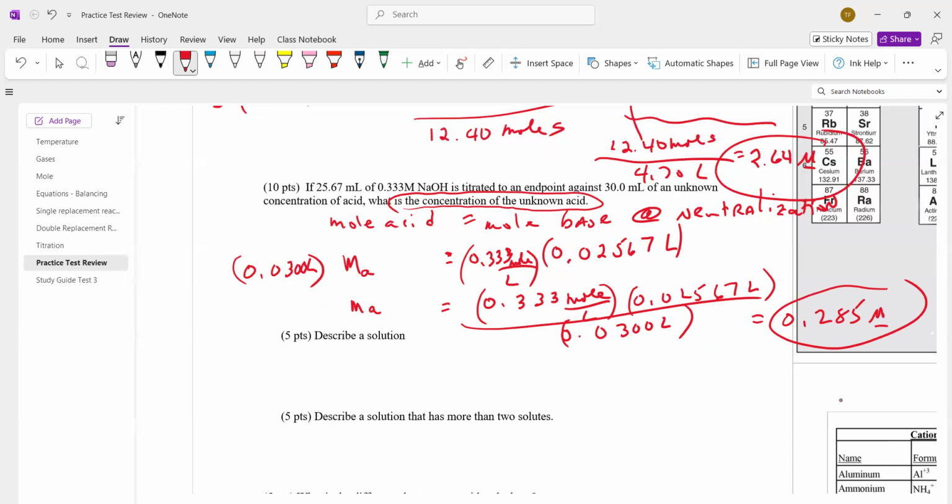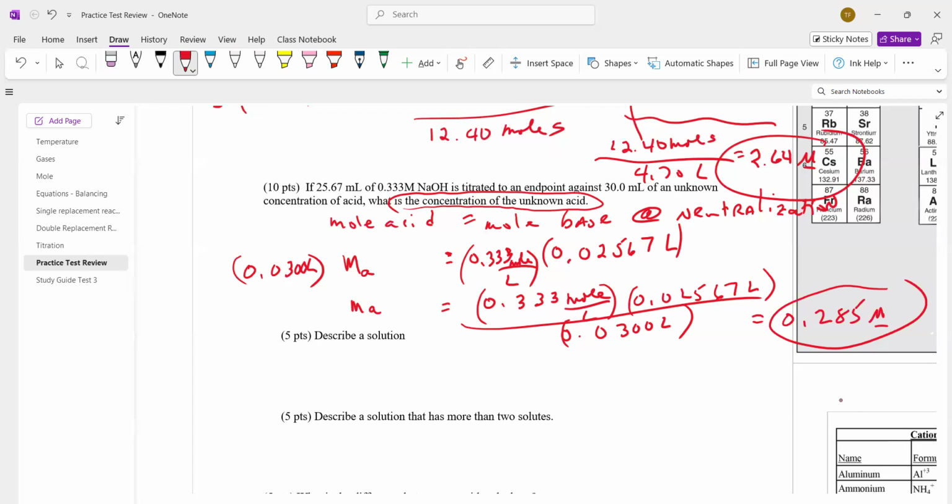And how do we know the reaction is at neutralization? How will we know that? Remember, we gotta have an indicator.